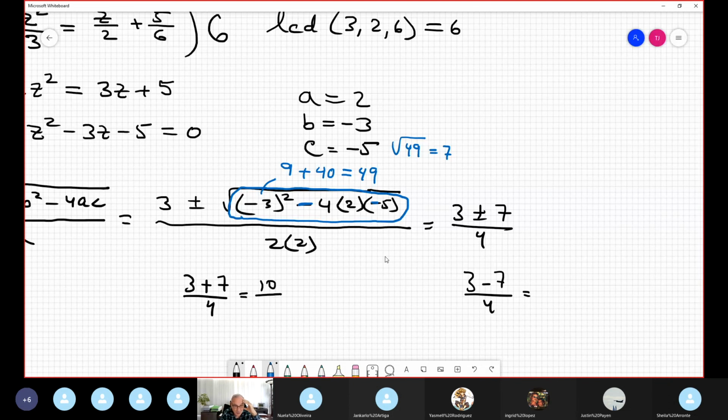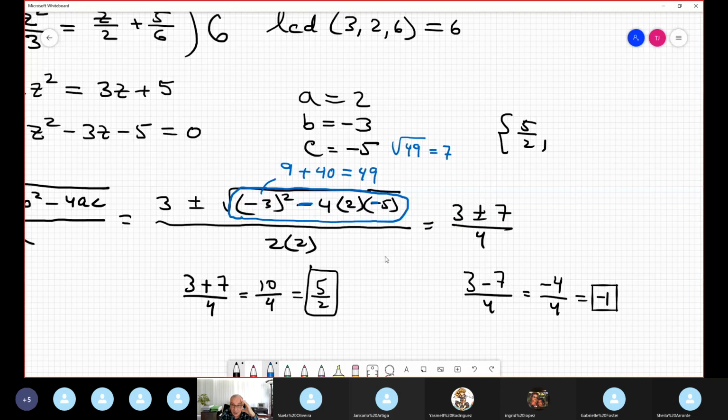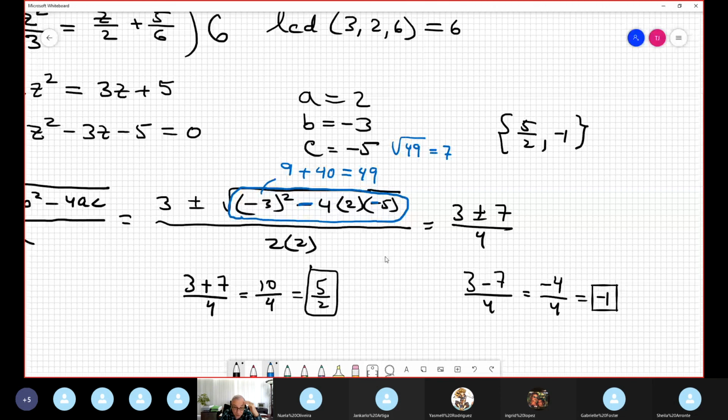This is 10 over 4. We can reduce it, of course, to 5 over 2, dividing by 2. And this is my first solution. And 3 minus 7 is negative 4, divided by positive 4 is negative 1. So we have 2 solutions: 5 over 2 and negative 1. Negative 1 and 5 over 2 is option C. The order doesn't matter, two solutions.